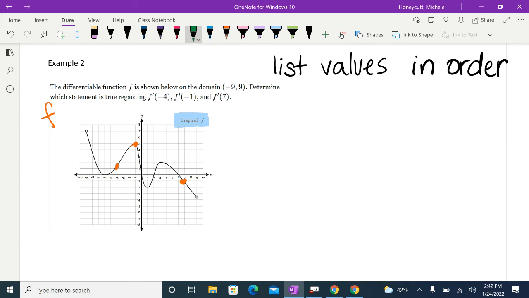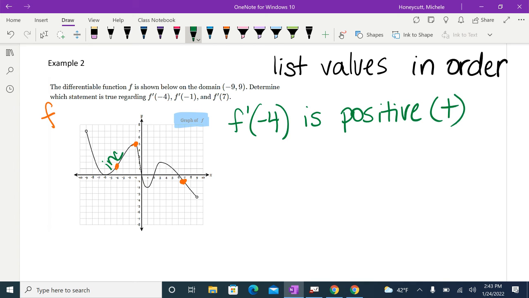Well, if I look at -4, I see that -4 is on the part of the graph where f is increasing. So that tells me that f prime of -4 is positive. At 7, f is decreasing, so f prime of 7 is going to be negative.